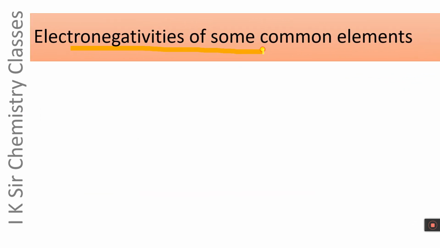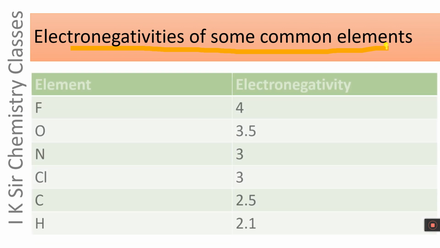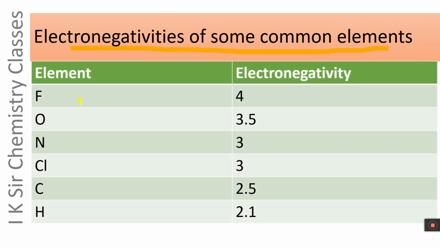Electronegativities of some common elements are given in the following table. The electronegativity of fluorine is 4. The electronegativity of oxygen is 3.5. Nitrogen and chlorine have equal electronegativities equal to 3. The electronegativity of carbon is 2.5 while that of hydrogen is 2.1.